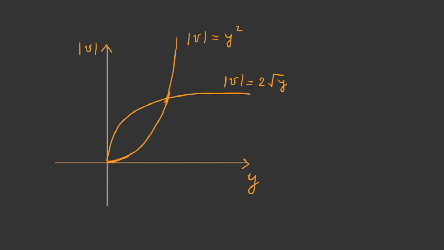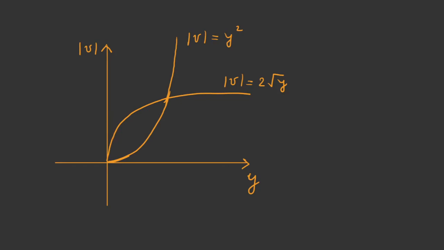The point travels relatively slowly compared to the other case, and the rate at which the velocity decreases when we approach the equilibrium position is slow. In the other case, the point travels a lot faster. The graph of 2 times square root of y is above the graph of the parabola y squared.